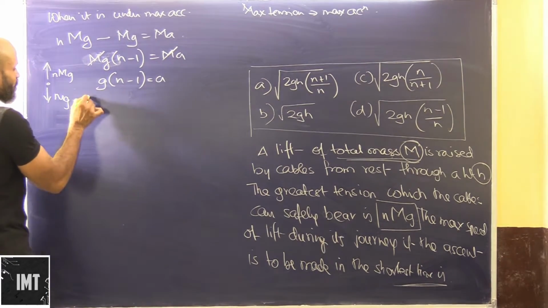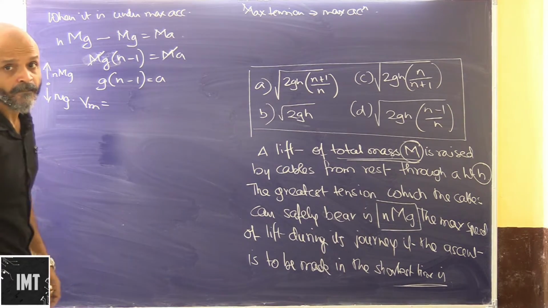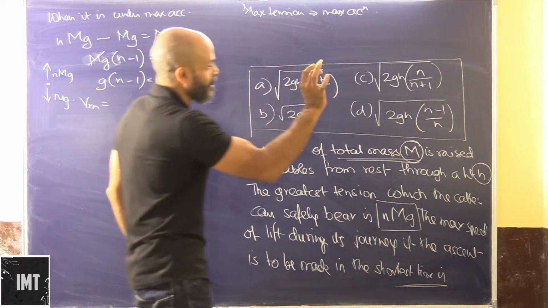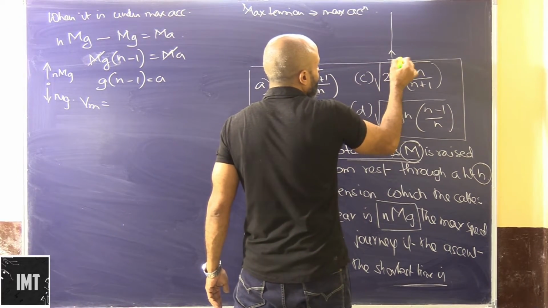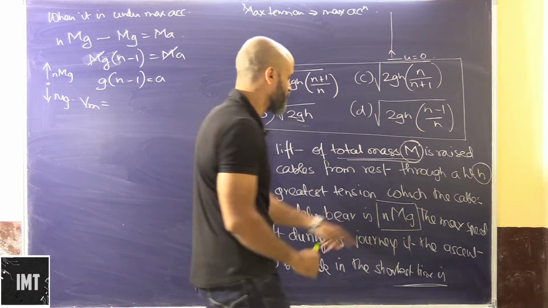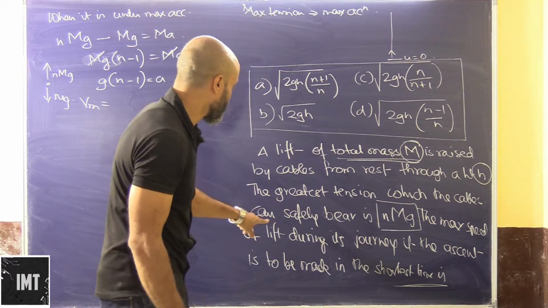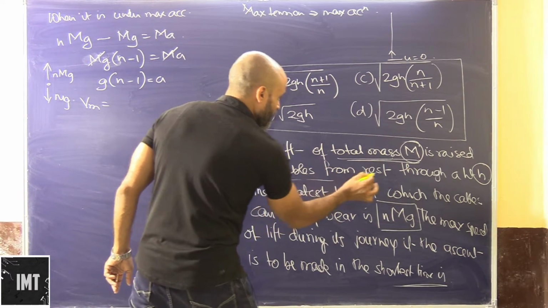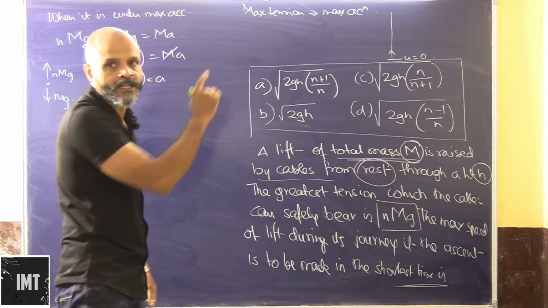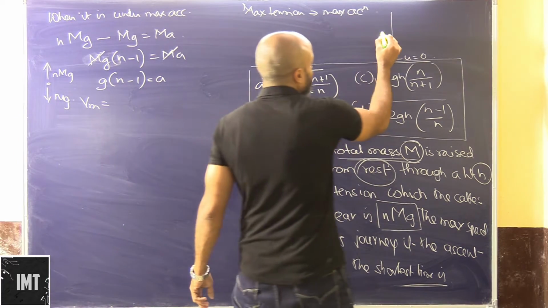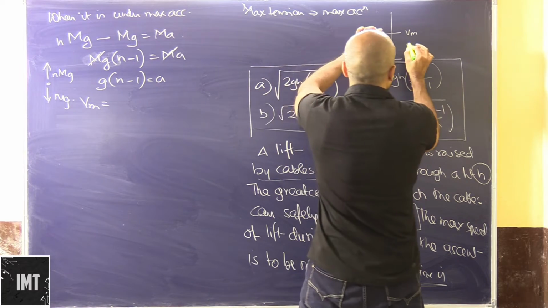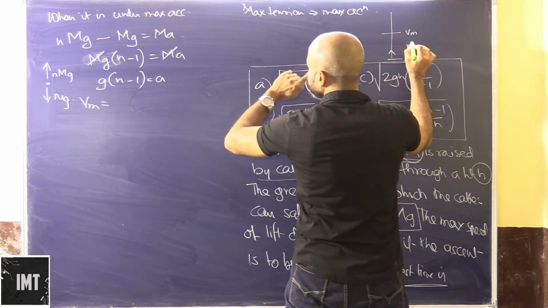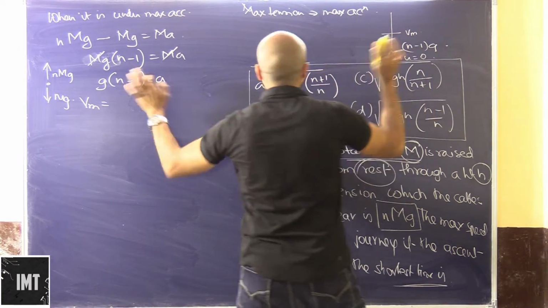Okay. Now if we were to calculate the maximum velocity attained, understand the motion of this lift. This is going up. It starts from an initial velocity of 0. Why? Because here it is raised by cables from rest. Somewhere here it will attain its maximum velocity. During this time it will have the maximum acceleration of n minus 1 into g.